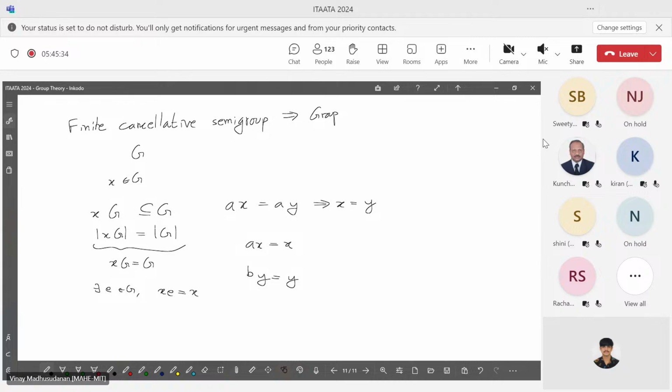For that particular x, if I restart the argument by taking another element y, can I then say that y equals ye? It may be some other element. I have not shown that e is the unique element with this property, or that this e works for anything else also. Possible.